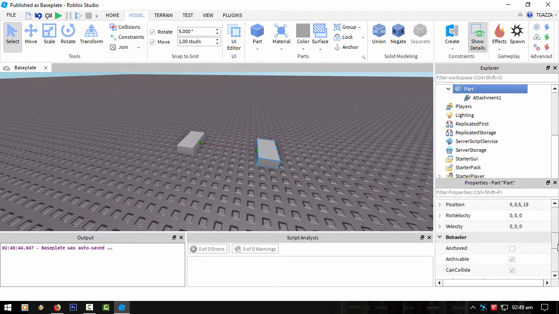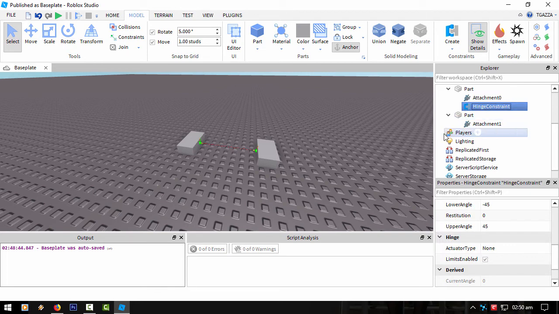I actually prefer the constraints because on motors, if they get too heavy, like you've got two massive parts, it tends to not work. And even if you put the forces of the motor up, it tends to break and spaz out. On the constraints, if it's too heavy, they just stop. And that's it. It's a lot nicer way of doing things.